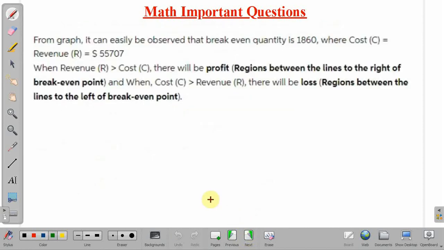So from the graph it can easily be observed that the break-even quantity is 1860, where cost and revenue are equal at $55,707. When revenue is greater than cost there is profit, to the right of the break-even point, and when cost is greater than revenue there is loss, to the left of the break even point.